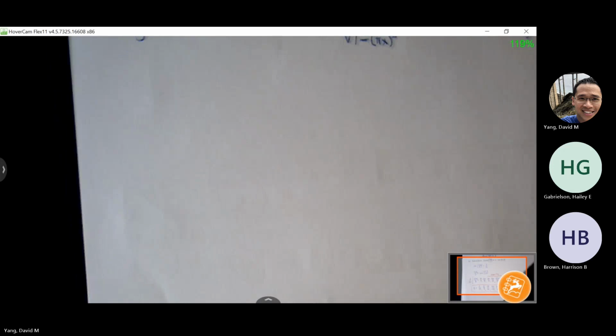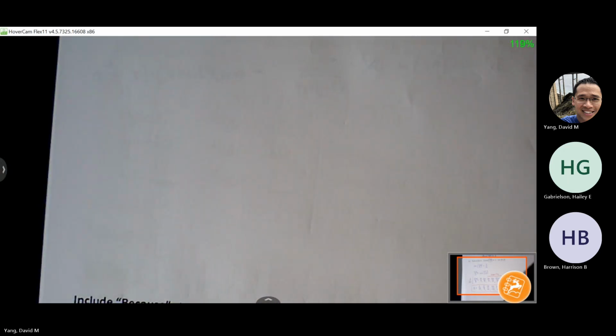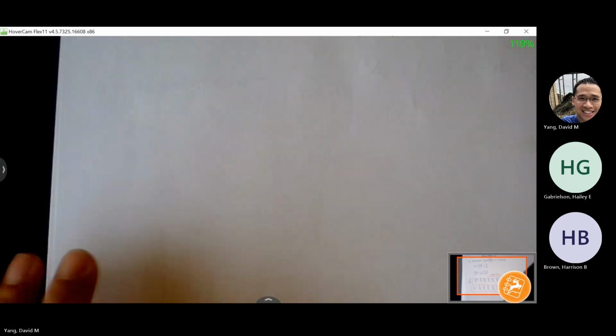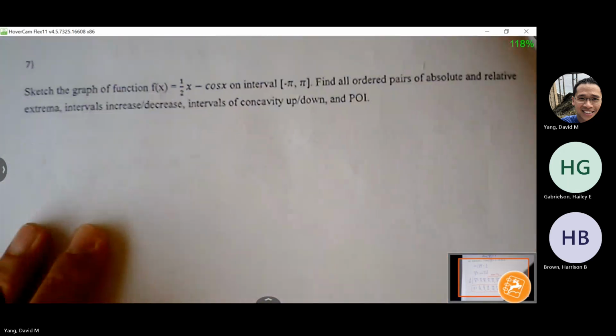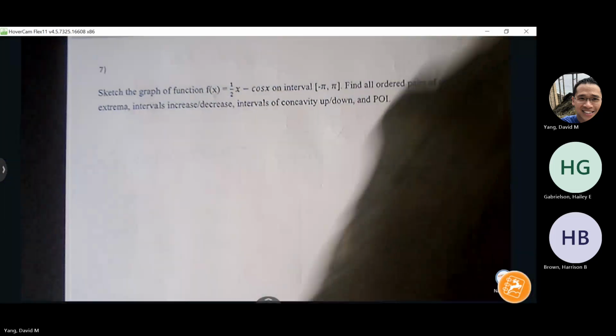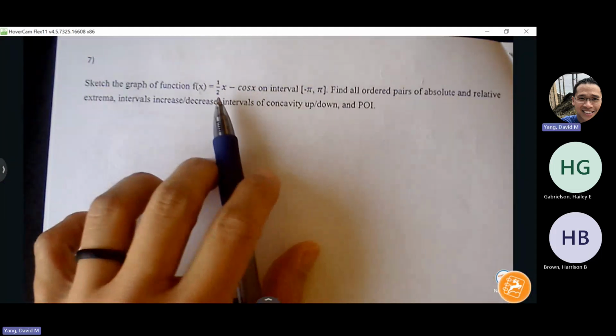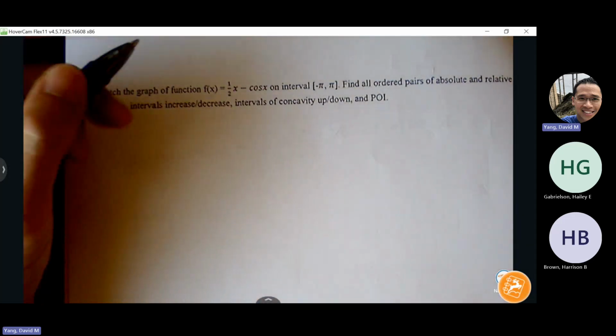Okay, curve sketching. Okay, our function on the interval from negative pi to pi. Let's start off our process by finding f prime.